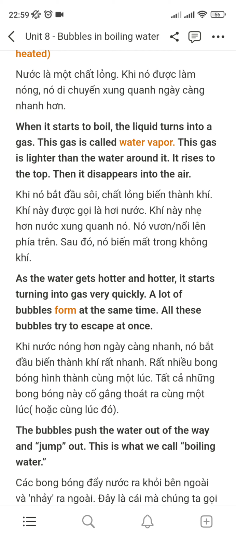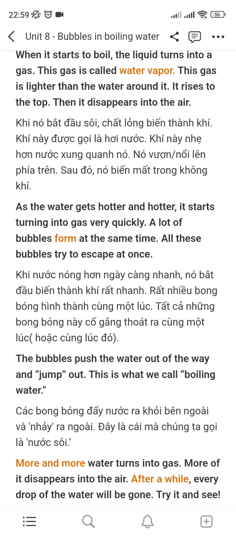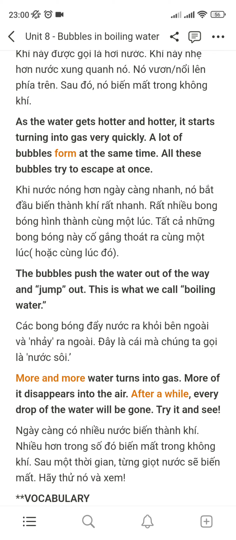This gas is lighter than the water around it. It rises to the top, then it disappears into the air. As the water gets hotter and hotter, it starts turning into a gas very quickly. A lot of bubbles form at the same time.